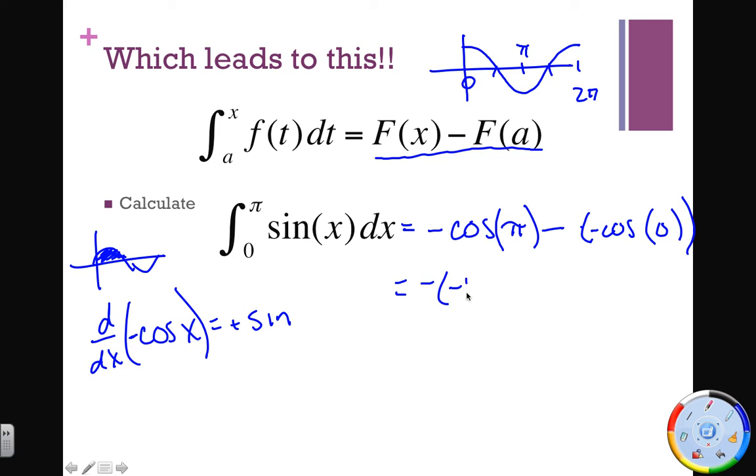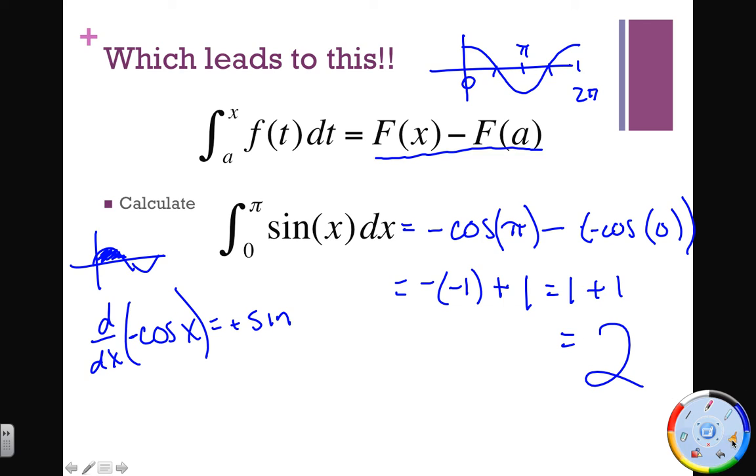So negative 1 minus, actually it's plus, right? So it's minus and negative makes plus. Cosine of 0 is 1, which is equal to 1 plus 1, which is, oh, look at that, 2. So you've just finally been able to prove that this is 2 using a very simple, I don't really like calling this a formula, but it kind of is, really simple concept of antiderivatives and integrals.